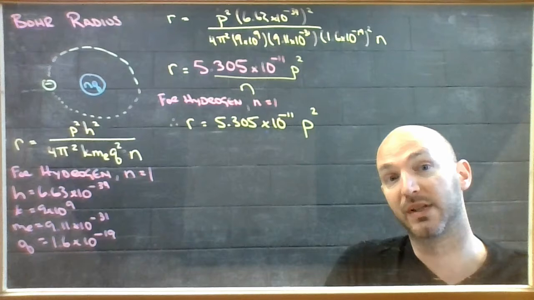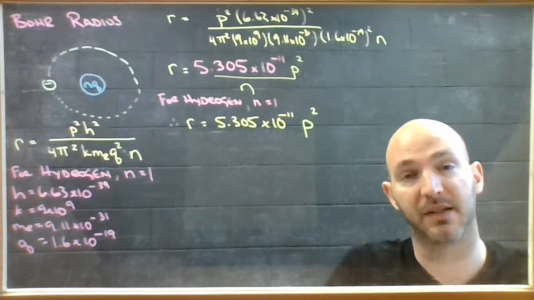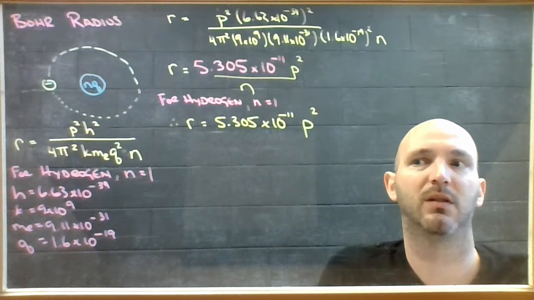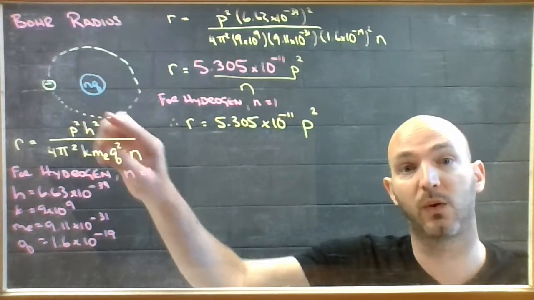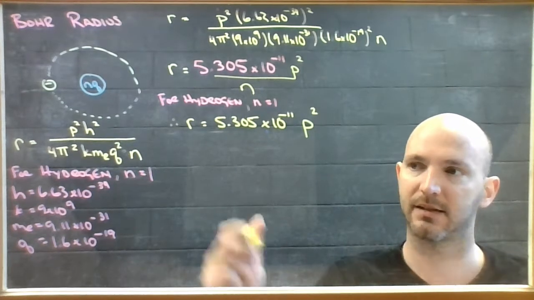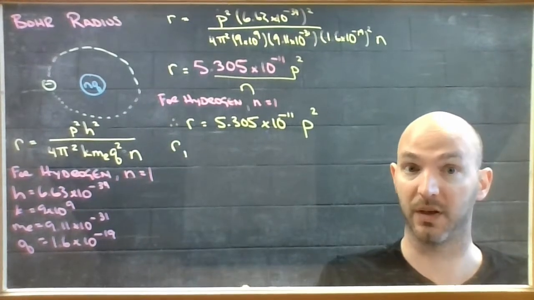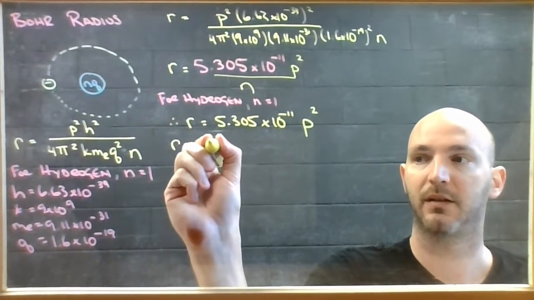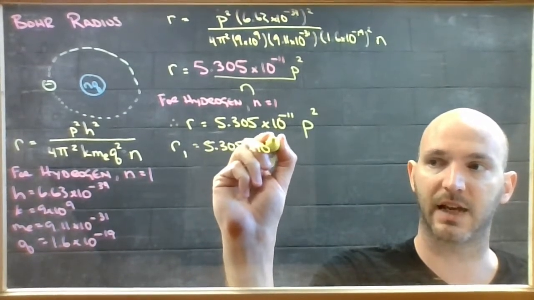So p was the number of full wavelengths that I have wrapped around this particular orbit. So the smallest that p can be is 1. Right? I have 1 full wavelength wrapping around the outside. So the radius of my first orbit is 5.305 times 10 to the negative 11 meters.